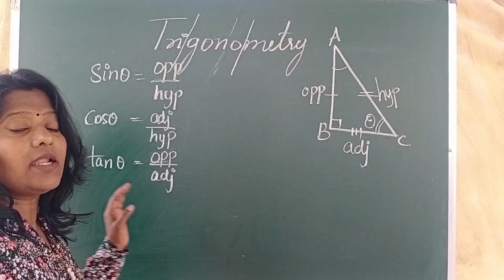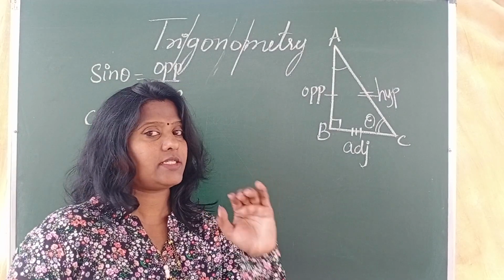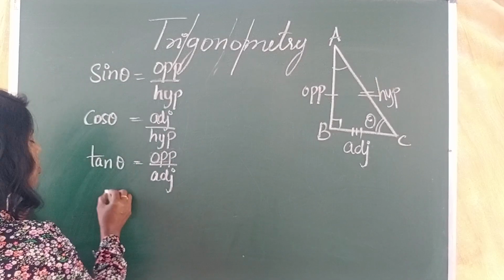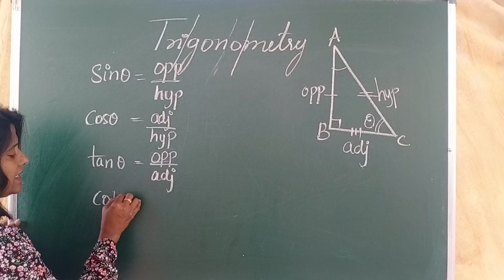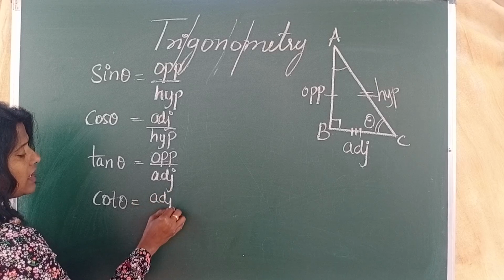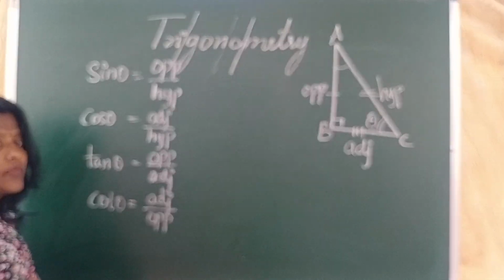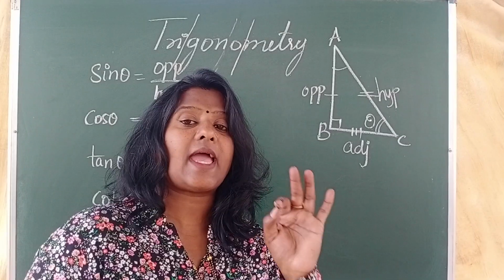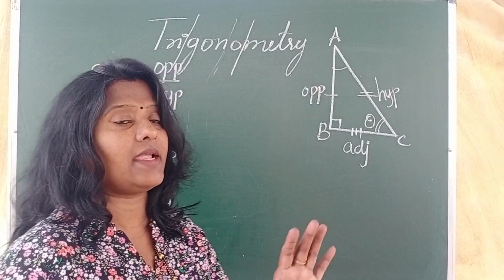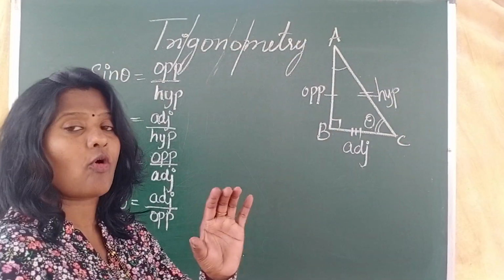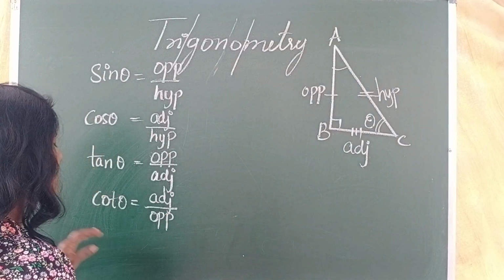Then cot theta, or cotangent. Shortly we will call it cot theta. It is the comparison of the adjacent side with the opposite. Next comes secant theta. The short form of secant is sec theta.